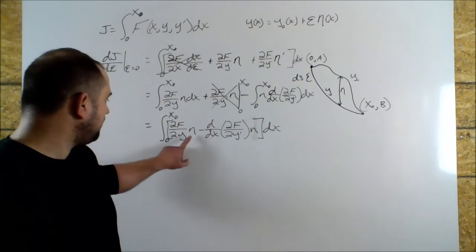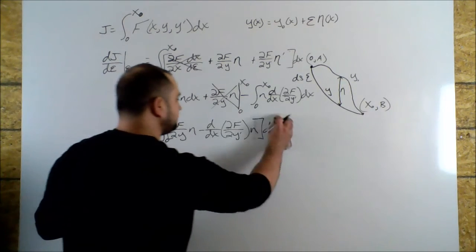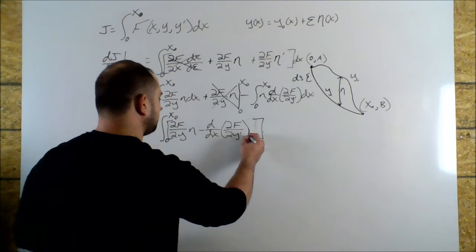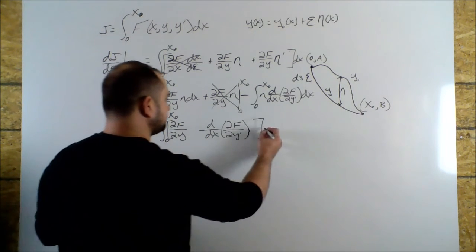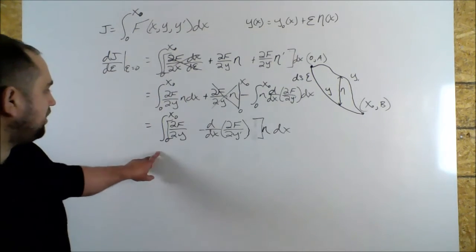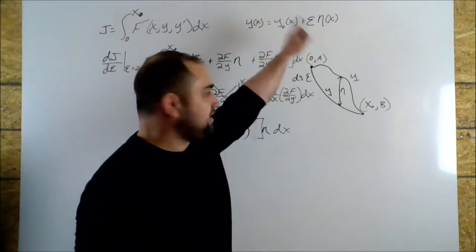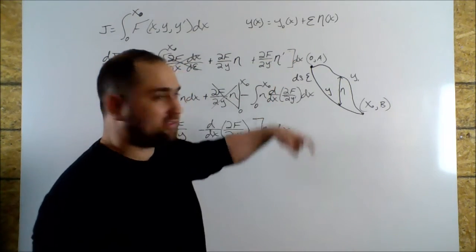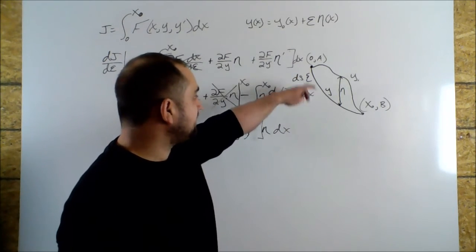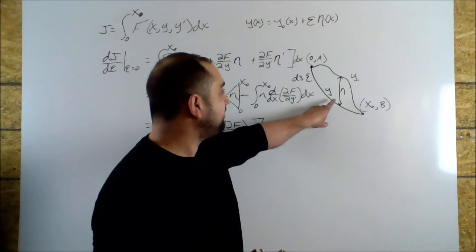Now both terms have eta in them, so I'm going to factor out eta. Eta can be anything. We don't have any control over what eta is. Eta can be really any function.